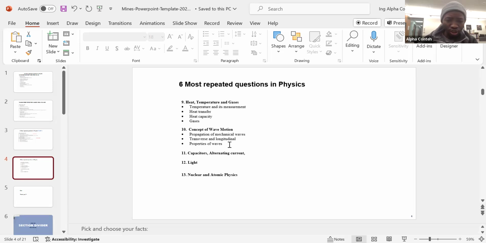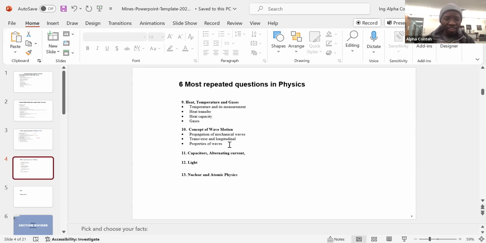Another part that should also be considered under wave motion is the wave equations, because you will come across basic calculations that involve wave equations. So you should know the formulas you'll be using to calculate with wave equations.